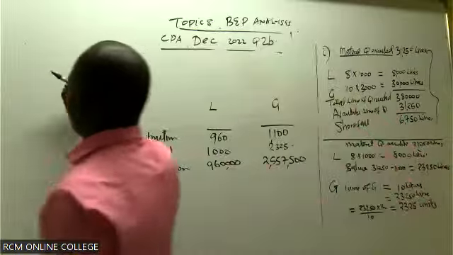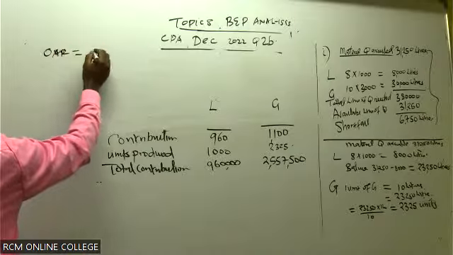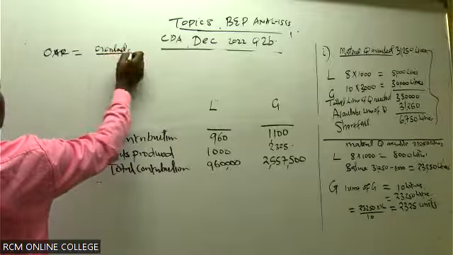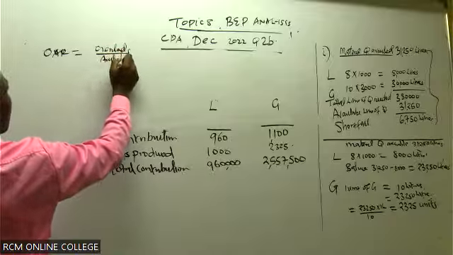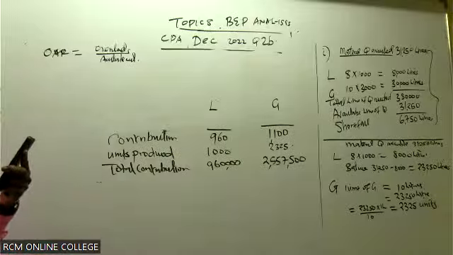How do we get overhead absorption rate? Overhead absorption rate is equivalent to the total overhead divided by activity level. In our question, look at Roman 1, additional information number 1.